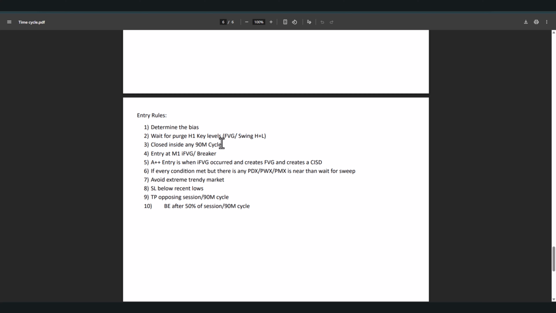Step 3, closed inside a 90-minute cycle in the lower time frame, just like CRT. Step 4, entry at minute 1 IFBG or breaker.